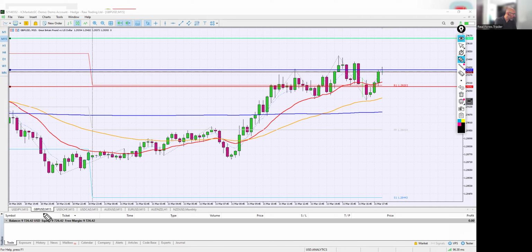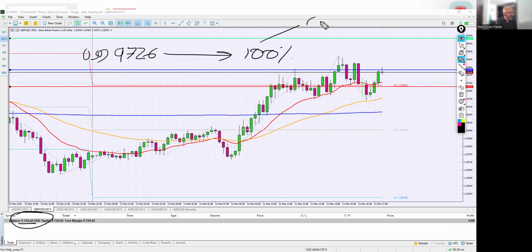Here the balance is $9,726. That is my 100% capital. This is my capital percent. And I'm going to place a trade in here. So I'm going to risk 3%.